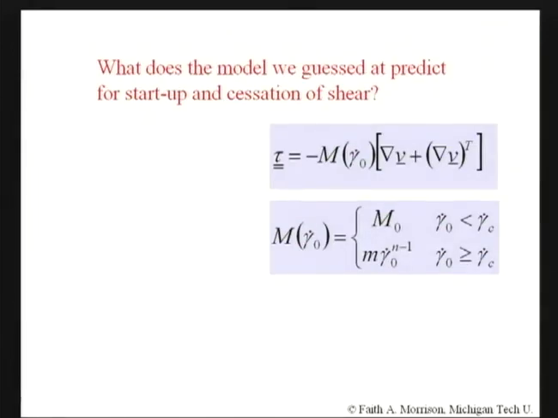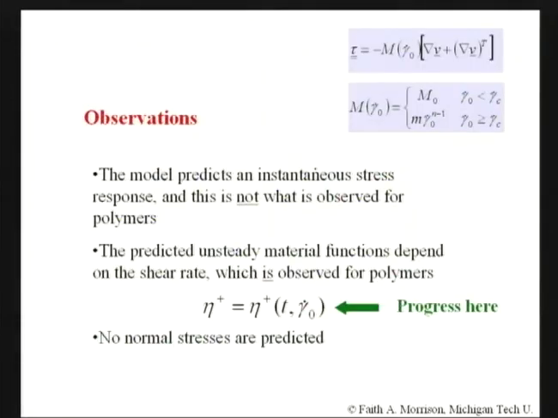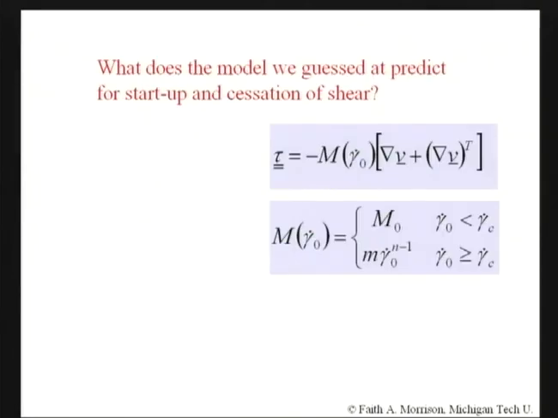So we then went back and looked at our little fakey model that we were making, and I think I will postpone doing it in detail, but the predictions are that it will predict the steady shear viscosity.